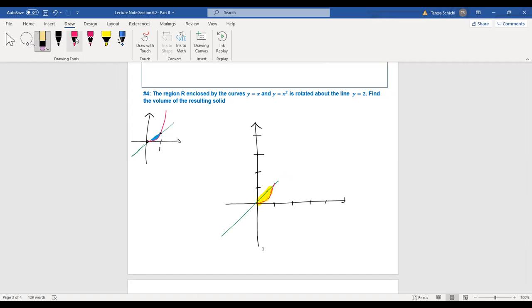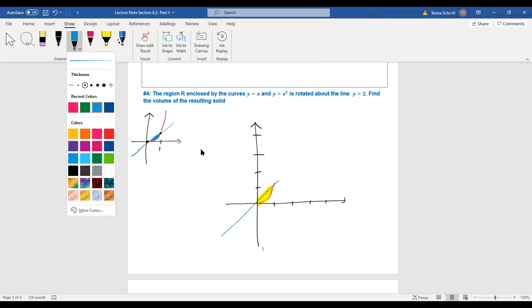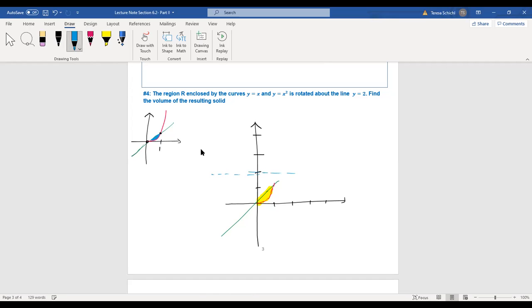Now be careful here. We are rotating this area along y equals 2. y equals 2 is this line. So basically I am shifting my x-axis up. Like I said, be very careful.